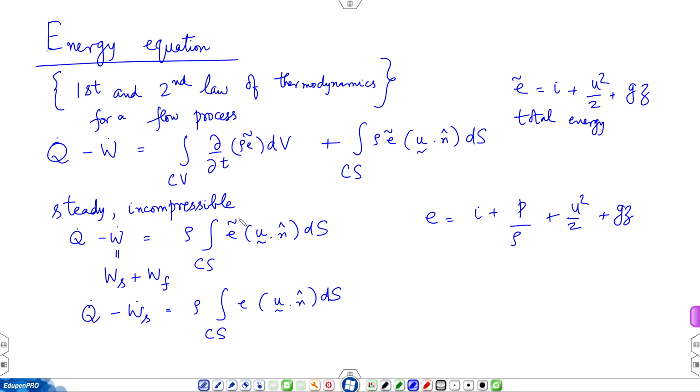So, E tilde becomes E when the flow work is absorbed in the definition of total energy. Okay, this is certainly a form of the energy equation based on first law of thermodynamics.